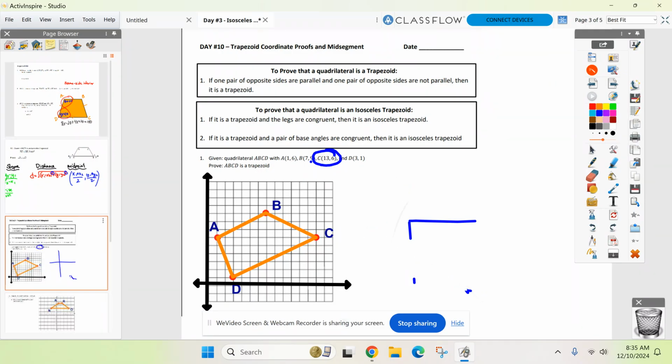Make sure you label the vertices with A, B, C, and D. Connect them when you're done. And then we'll talk about how this new proof looks. Just make sure you can fit all the coordinates on there. They're all positive, so it shouldn't have any negative coordinates.